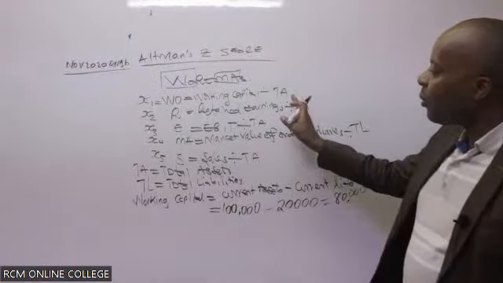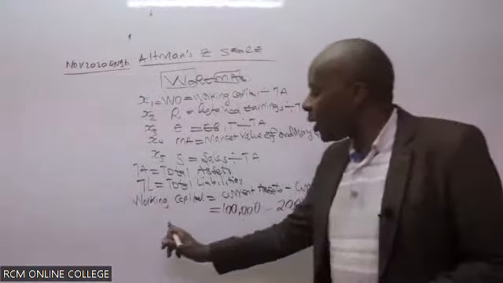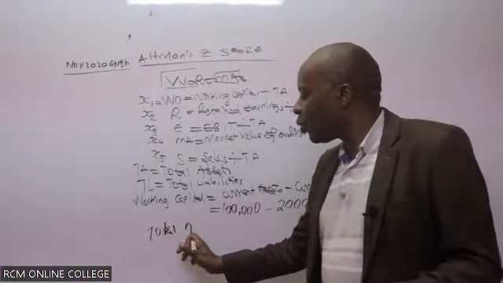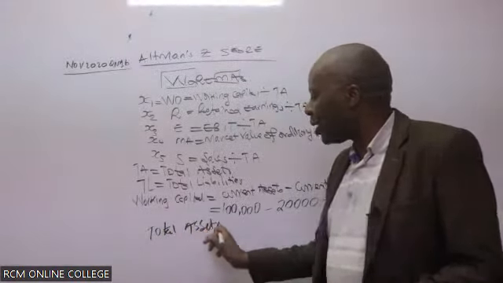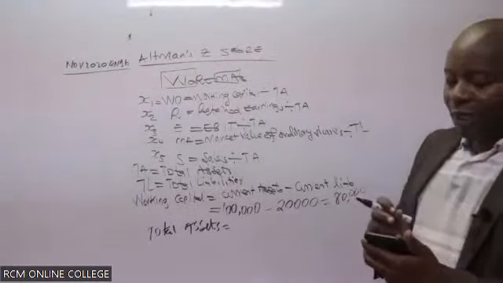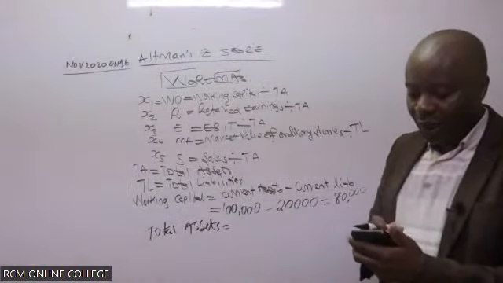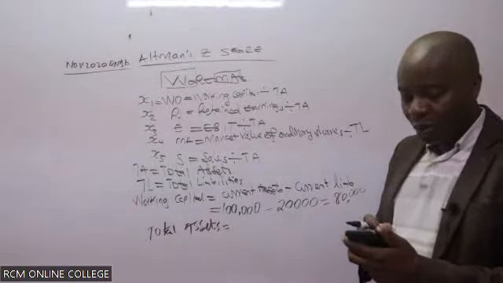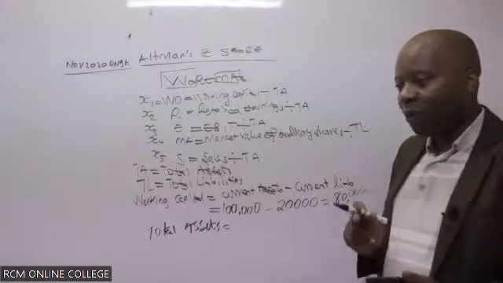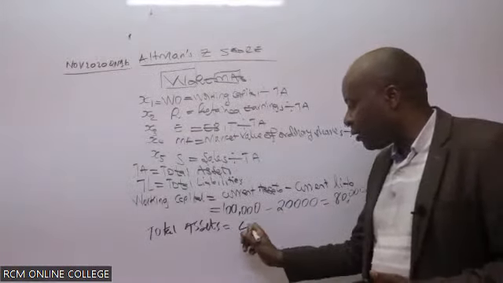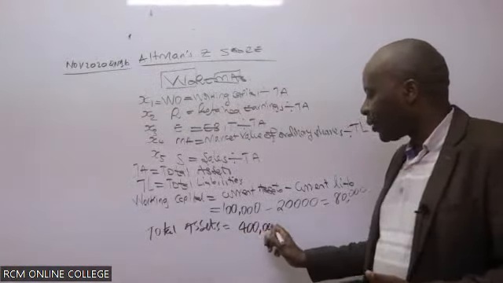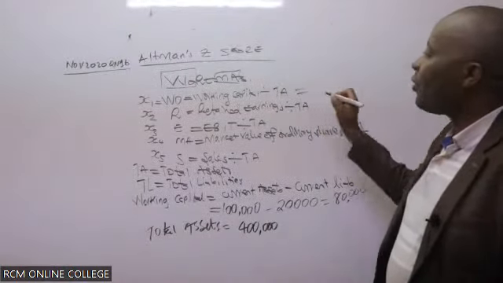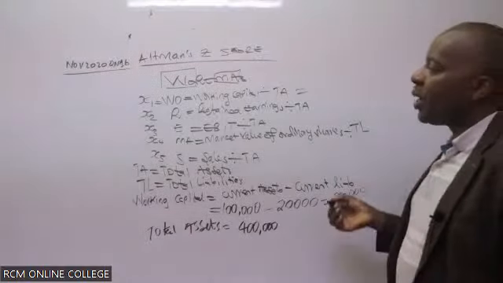Then for us to look at this ratio, I would want us to get the total assets from the statement of financial position. Is there anybody who is able to see the total assets? 400,000. Thank you very much, Phoebe. So we can very easily give our examiner this X1 ratio.